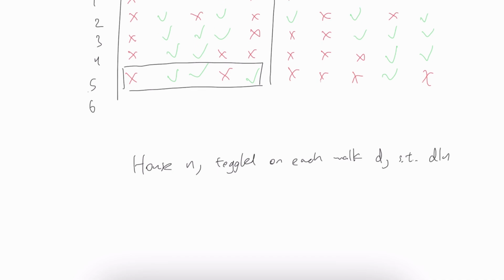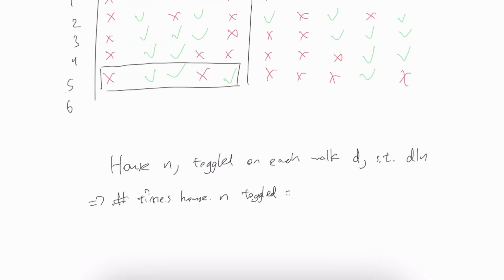And so this implies that the number of times that house n is toggled is equal to the number of divisors of n.